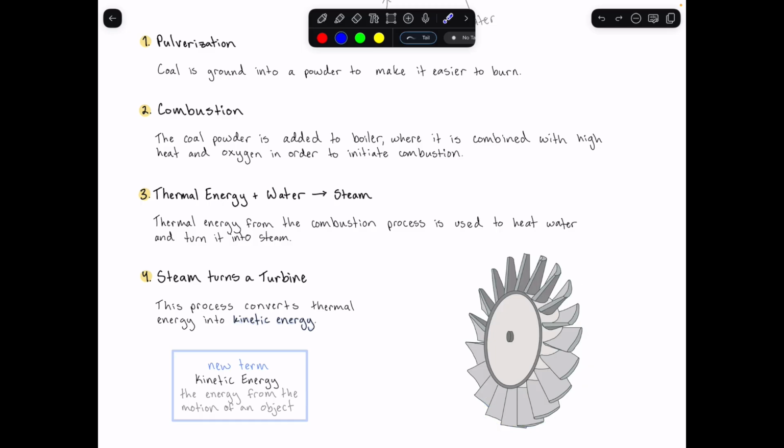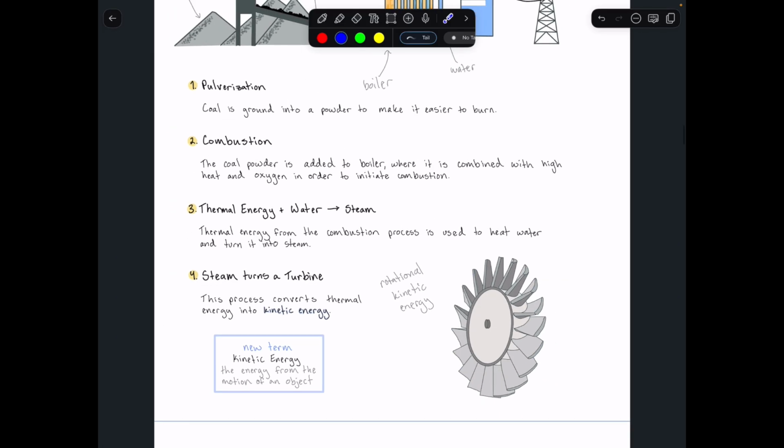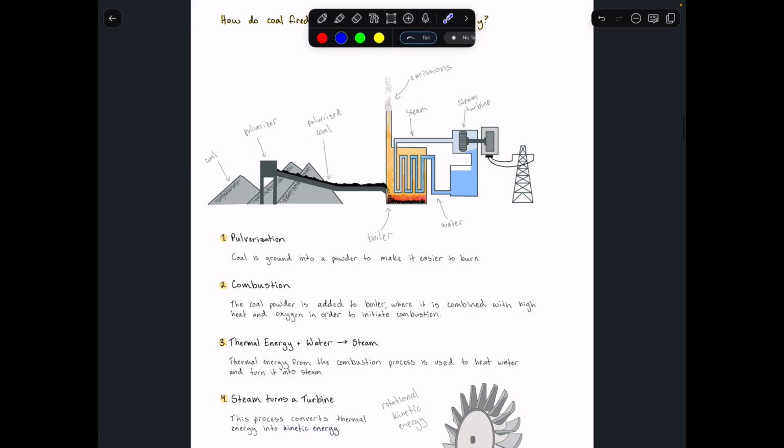This is kinetic energy, but it's also referred to as rotational kinetic energy, which is just instead of something going linearly in one direction, rotational kinetic energy is something spinning in a circle, which is what the steam turbine is doing here. So that's what happens here.